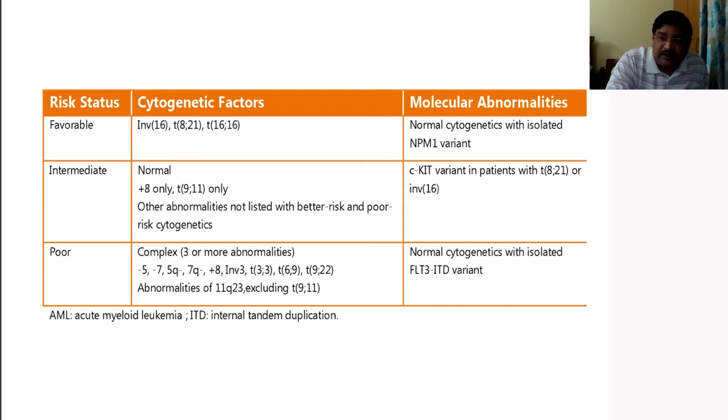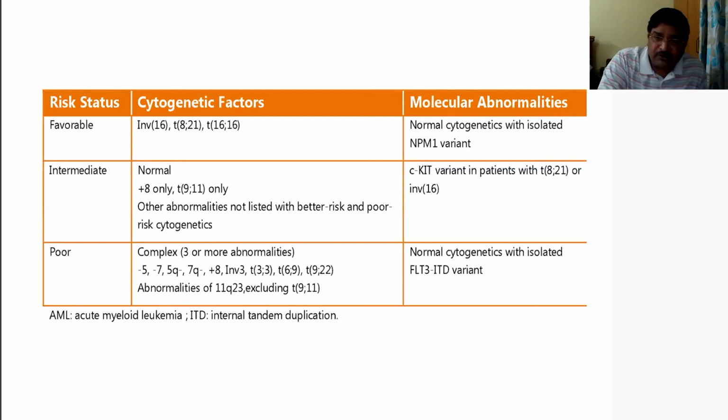Similarly, when you look at the molecular side, you can have the FLT3 and NPM1 mutated AMLs. FLT3 is poor, NPM1 is favorable. You can have a normal karyotype or core binding factor leukemia. But if your c-KIT is mutated along with this core binding factor leukemia, it is intermediate, not favorable.